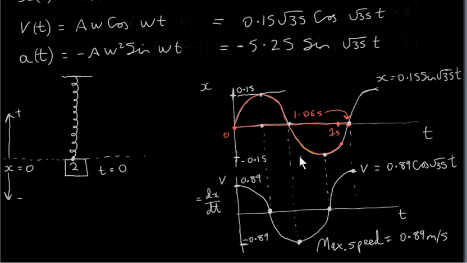So whenever the tangent has a slope of 0, then the value of v is 0. And at this point here, the slope of the tangent is plus 0.89. And at this value here, the slope of the tangent is minus 0.89.